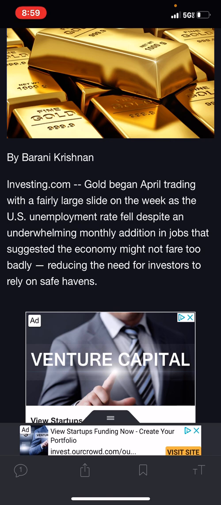So gold and the US dollar have an inverse relationship with each other. When one is up, the other is down. And the price of gold is a good litmus test indicator to let us know how strong the US dollar is doing.